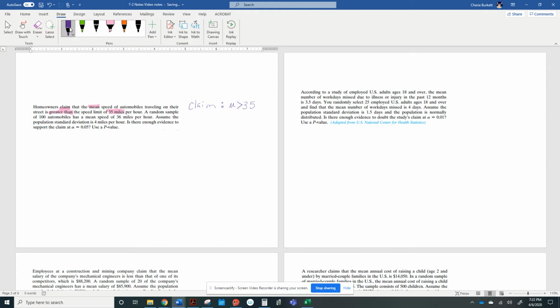So that means since it does not contain equality, this is our alternative hypothesis. Okay. The opposite of greater than 35 is less than or equal to 35. And that contains the equality. So that is our null hypothesis. We look at this right here to determine what kind of test it is. It's greater than, so we know it's a right tail test.